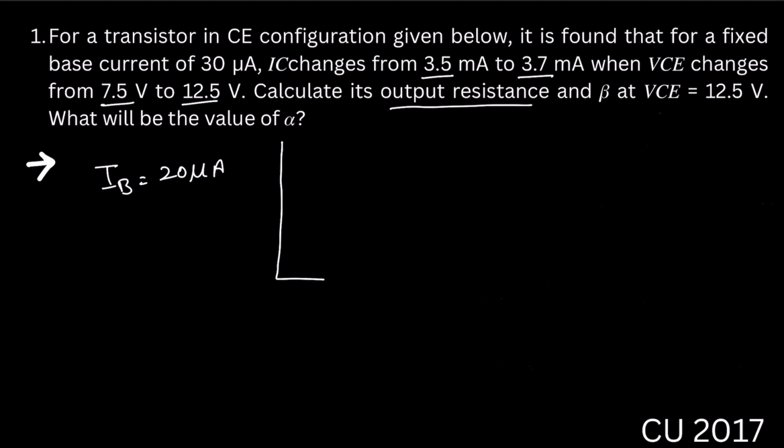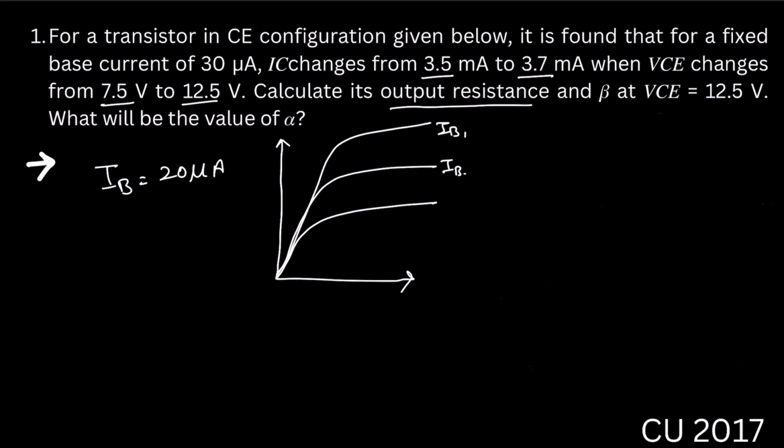If we see the output characteristics of a transistor, we know the curve will be like this for a fixed base current IB. Suppose this is the 20 microampere curve. They want the output resistance, that means the slope of this particular curve. For the slope, this will be IC, this will be VCE, right?